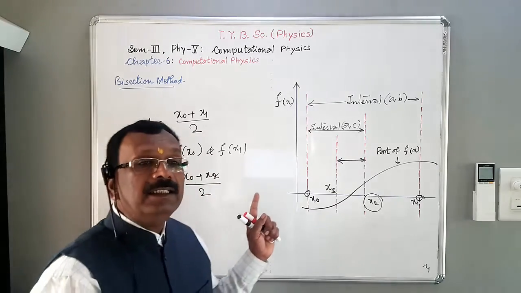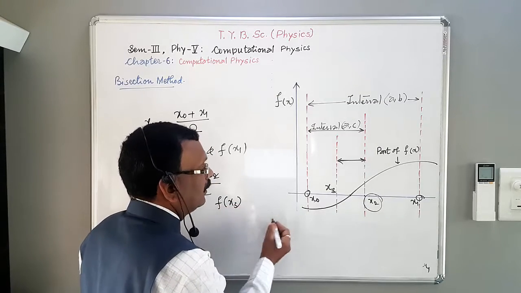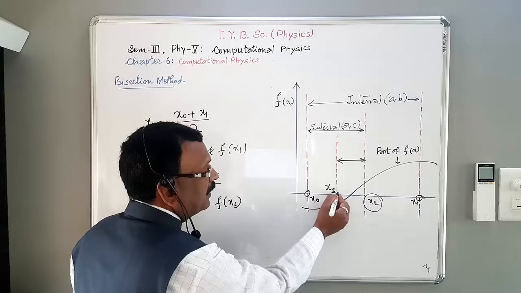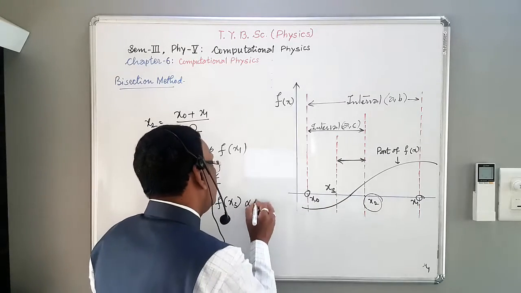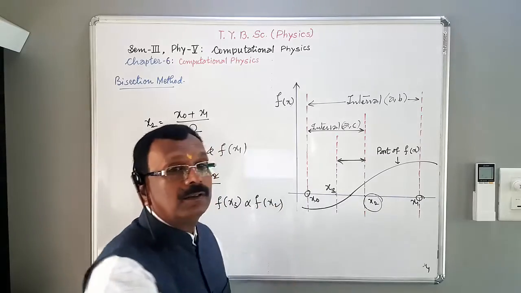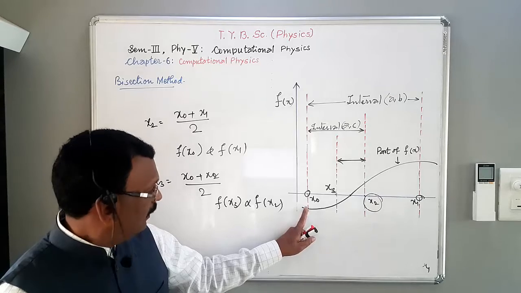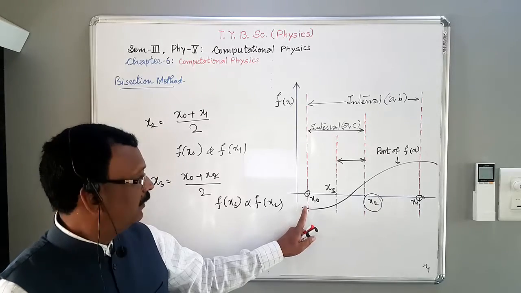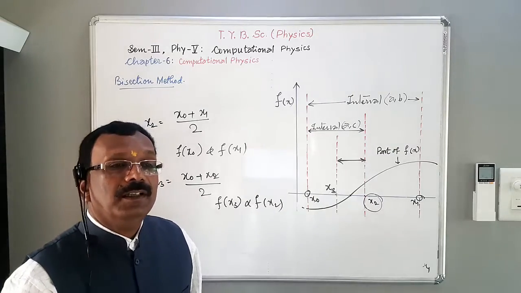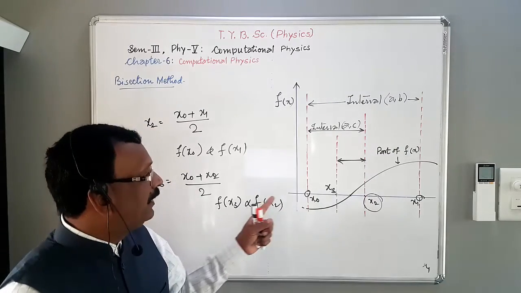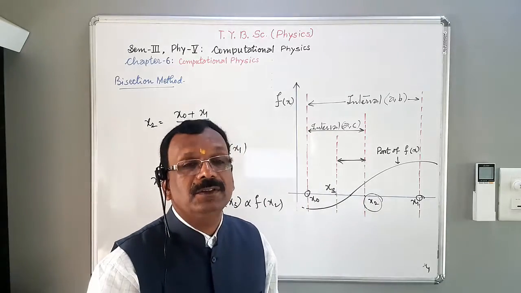Again it is clear that f of x3 and f of x2 have opposite sign, here x0 is minus and x2 is plus. Therefore we get a new interval between x2 and this is the new interval.